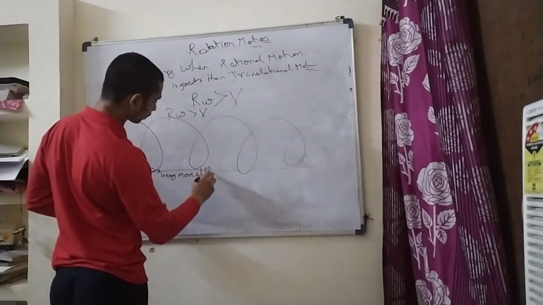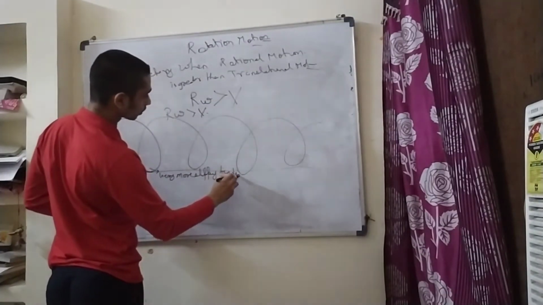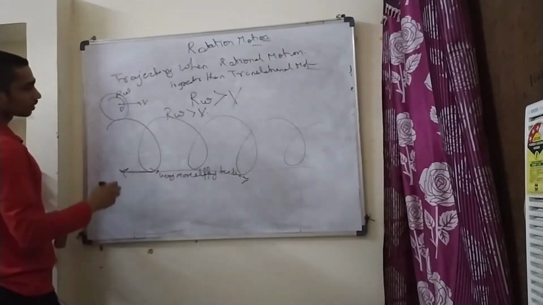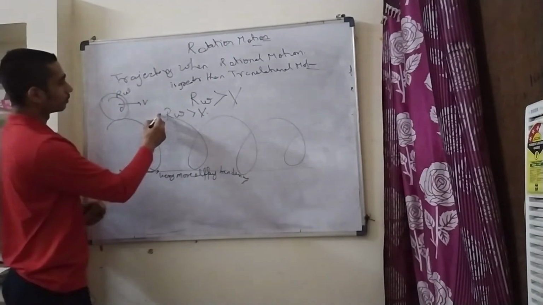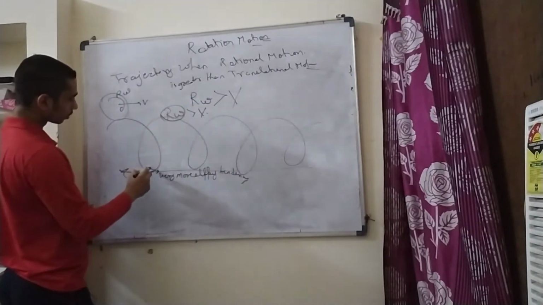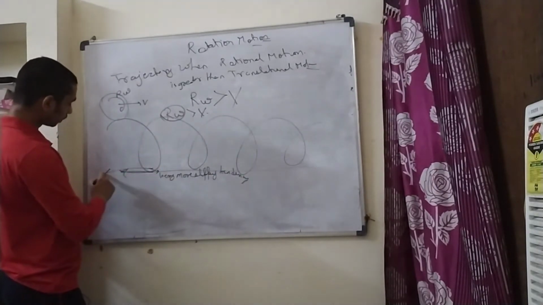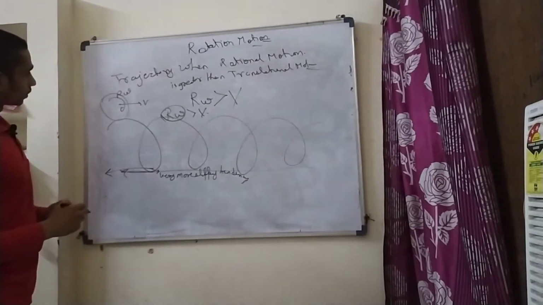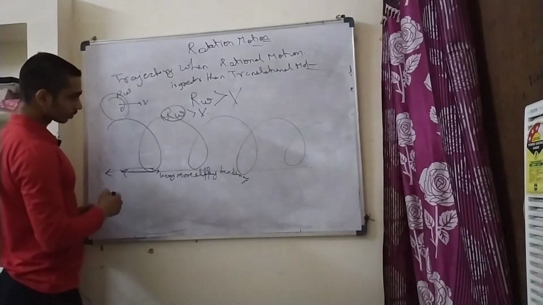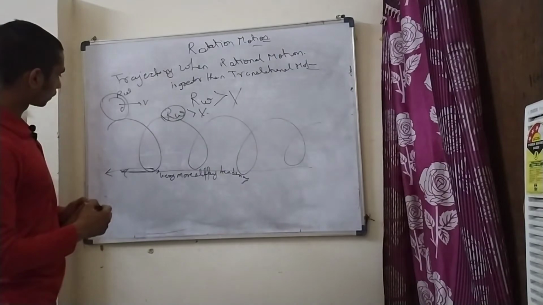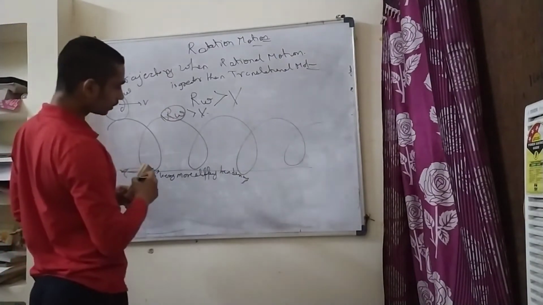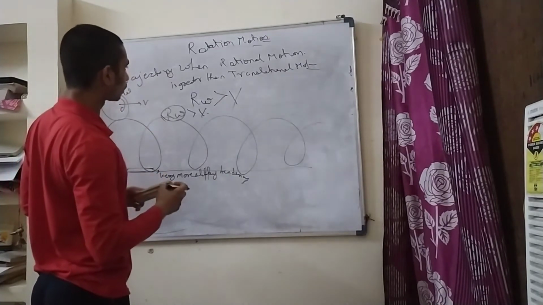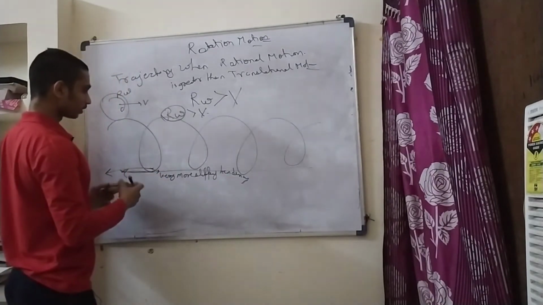In a cricket ball also we can see that if the spinner is spinning the ball more, means r omega is very more, so the ball will skid and it will go towards the batsman. And if r omega is less than v, then I will tell later what the trajectory will be.